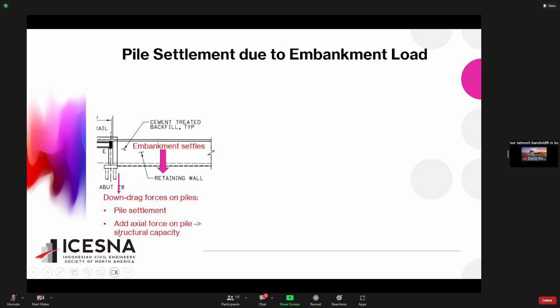So you need to check the structural capacity, and make sure that your pile has enough capacity to take this downdraft. So if we do that, then you need to check that.